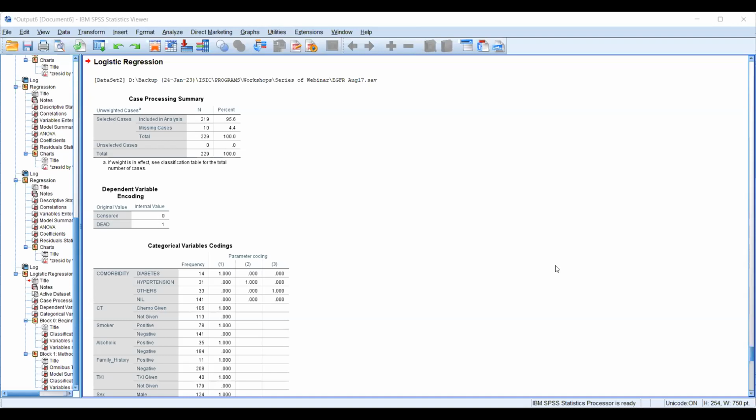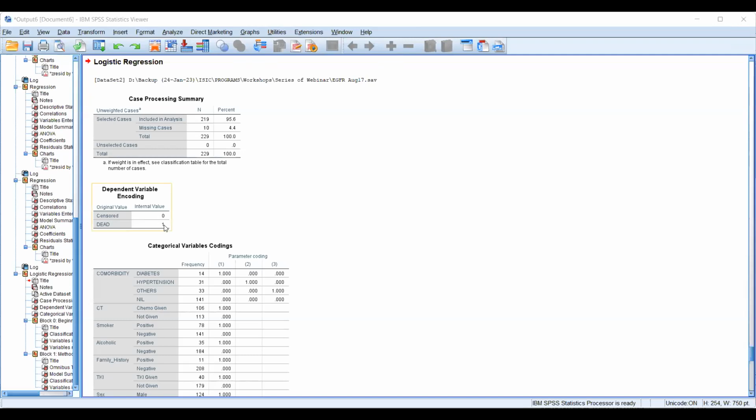So now here in the logistic regression, it will tell what internal values it is taking. The outcome variable death is coded as 1 and censored as 0. The comorbidities: now here we have different categories, and it will give you all kinds of information.